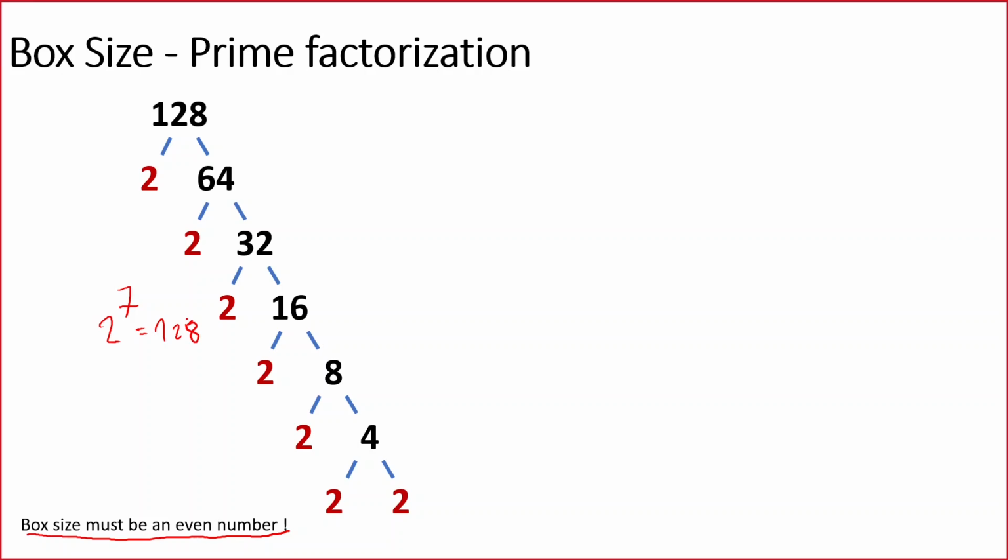This is a very nice number because it decomposes to the smallest available even prime number. Now, if we take a different number, a little bit smaller box size, we see that we can decompose 100 into 2 times 50, 2 times 25, and 25 we can decompose to 5 times 5.